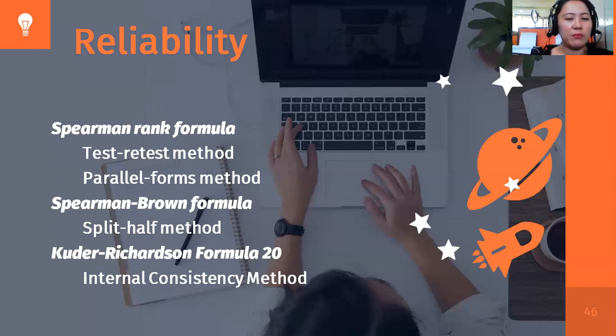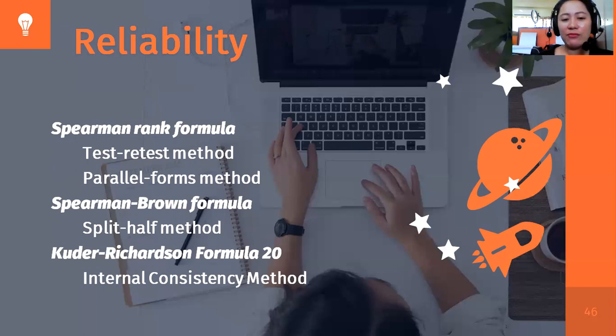So there could be paraphrasing or restating of the questions, but the content is still the same. So the administering of the test is parallel, simultaneous. Once you give this set to this group of respondents, you also give the other. So that's parallel forms method.